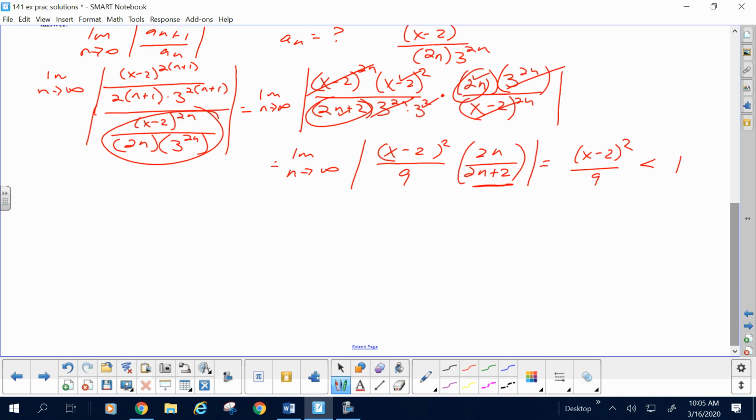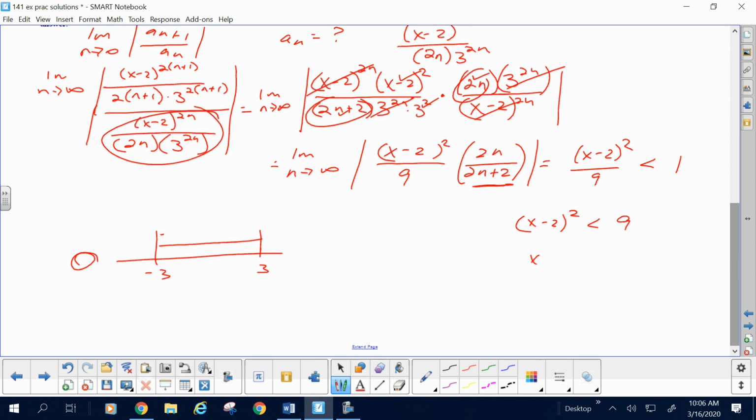That's less than 1. Now if x minus 2 squared over 9 is less than 1, then x minus 2 squared must be less than 9. Now if you think about a world of squares less than 9, I think you'll agree that it has to be less than 3, but it also has to stop at negative 3, because negative 5 squared or negative 10 squared would not be less than 9, it would be greater than 9.